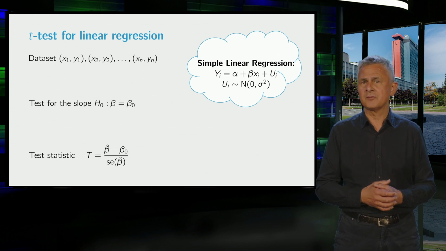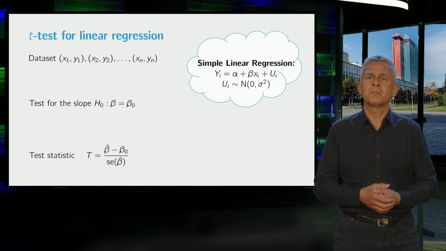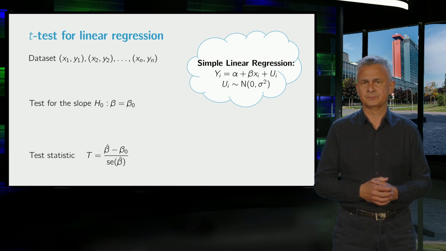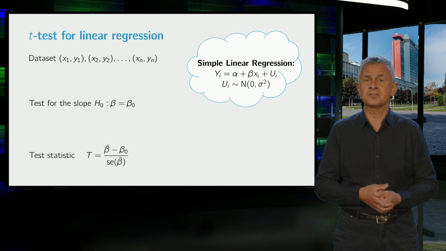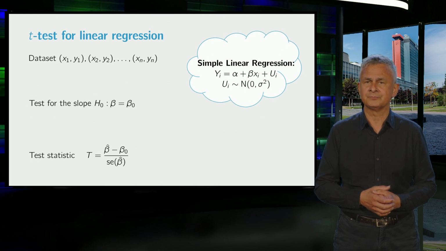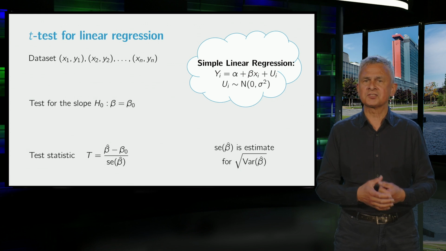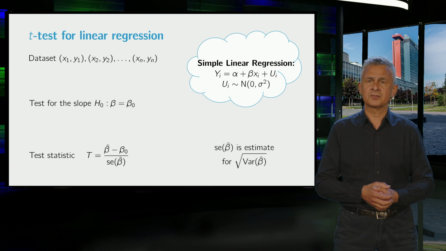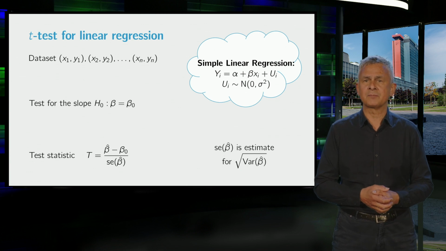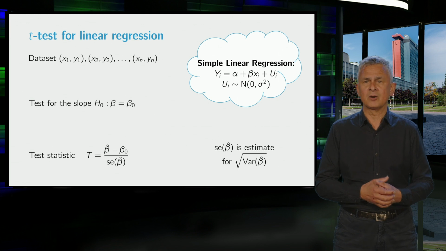Now we could derive an explicit formula for the estimated standard deviation, but this goes too far here. As you will see, R automatically produces this value after we have fitted a simple linear regression model. The estimate is referred to as the standard error of beta hat, so our test statistic is the ratio of beta hat minus beta 0 divided by the standard error of beta hat.